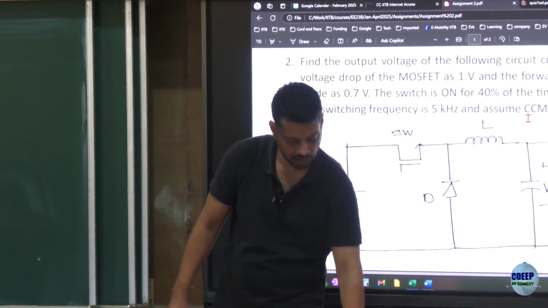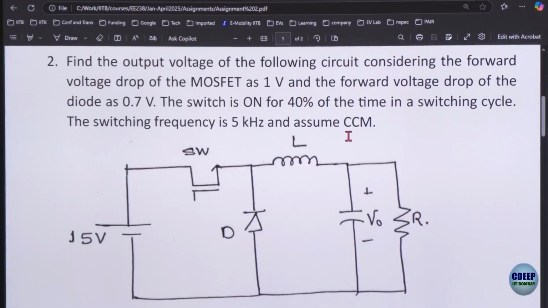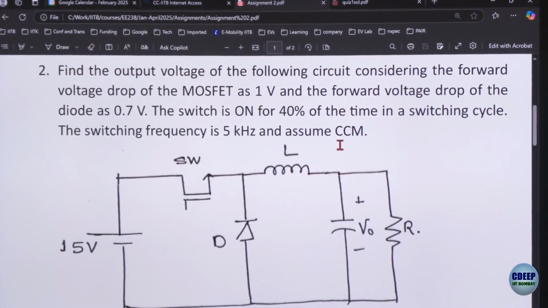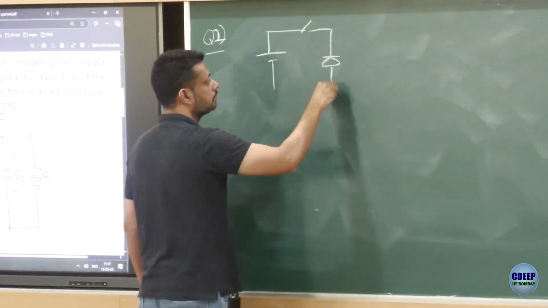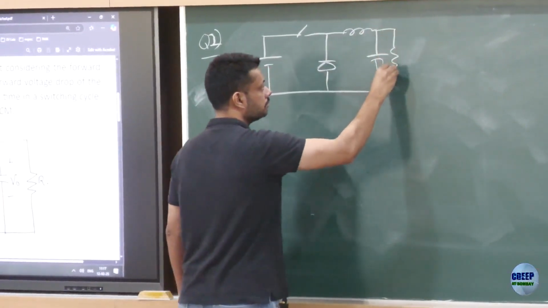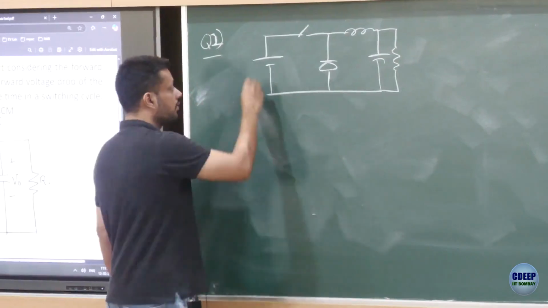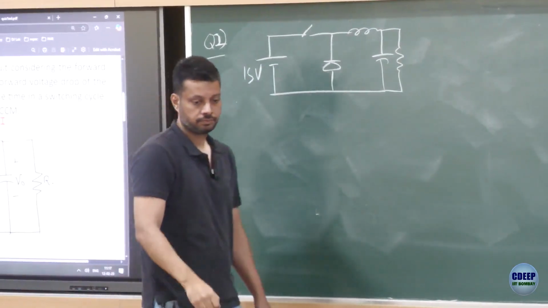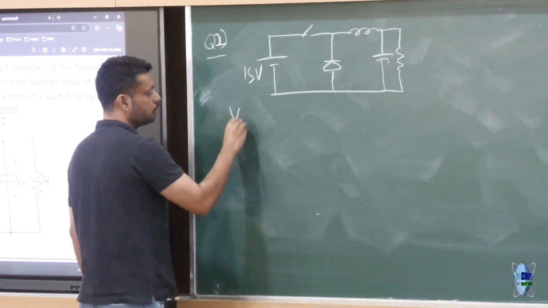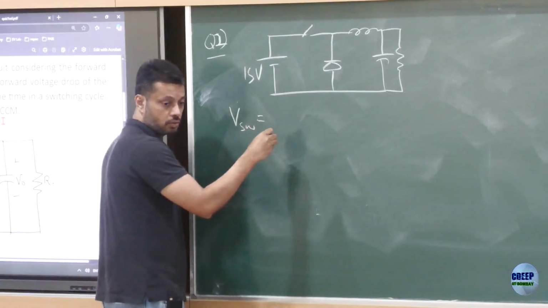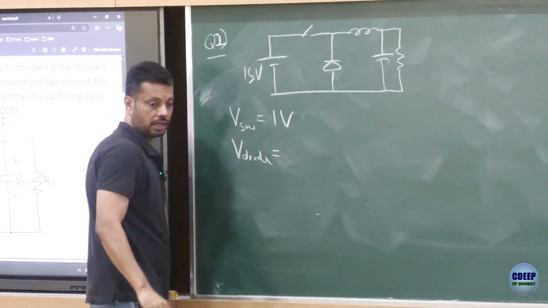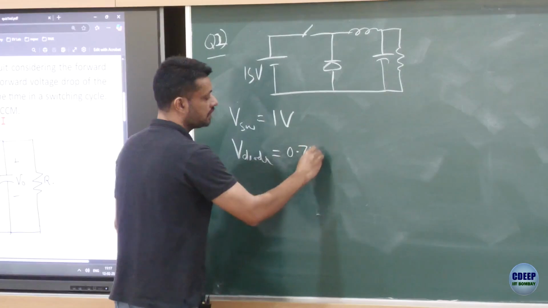Okay, can you read the question number 2 yourself? Still a buck converter. The forward voltage drop of the switch, so V switch is equal to 1 volt and V diode is given as 0.7 volt.